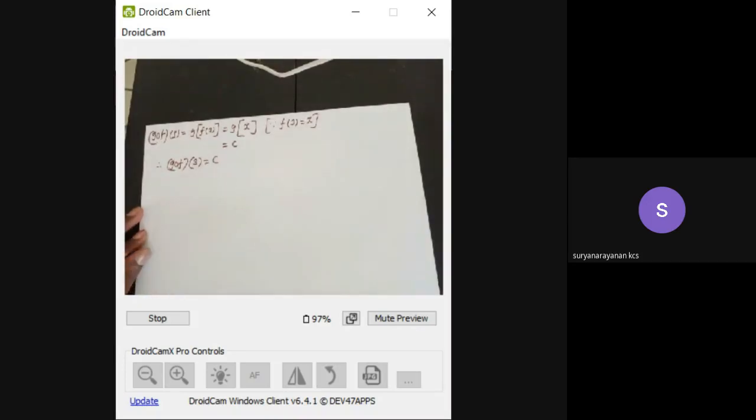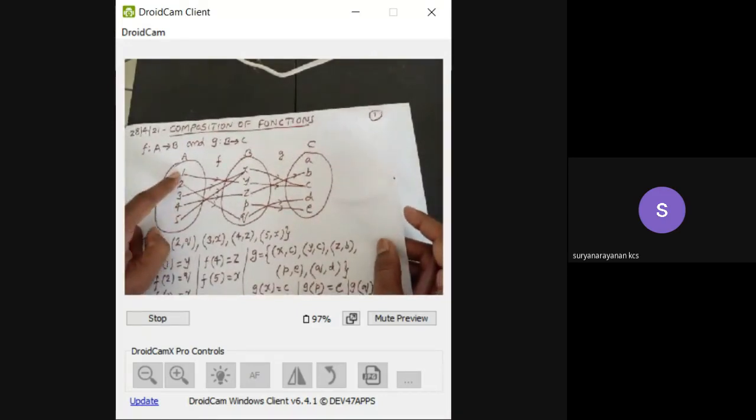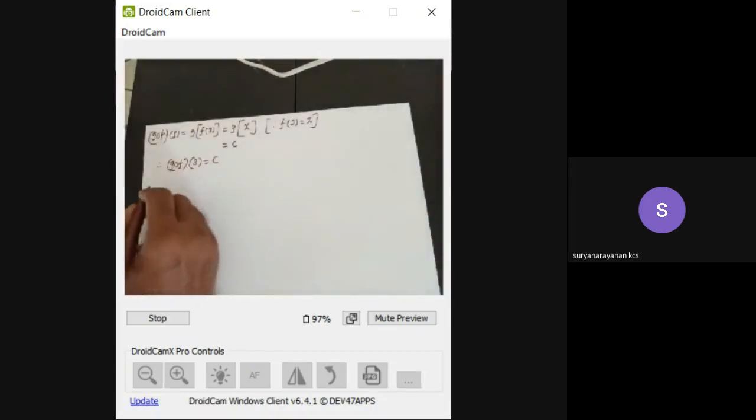And the two more elements are there. Yes or no? In the domain of this function, G circle f, we have written image of 1, image of 2, image of 3. Now, let us take G circle f of 4, or GOF of 4. Can you tell me, Jerome Jasliraj? Yes, sir.